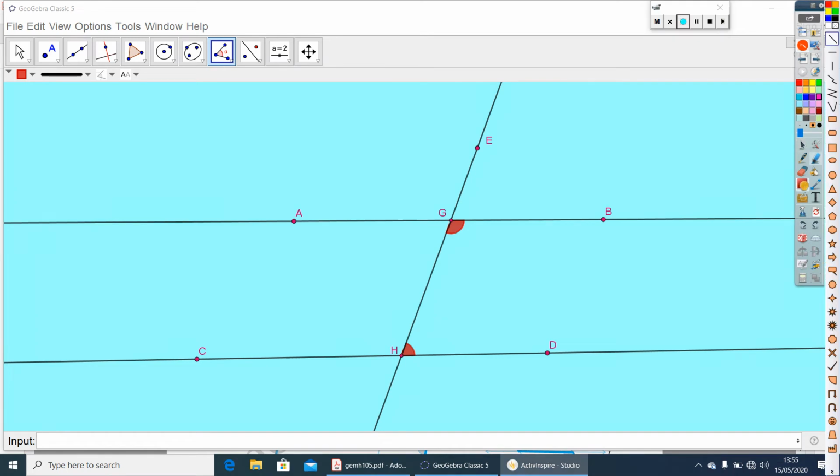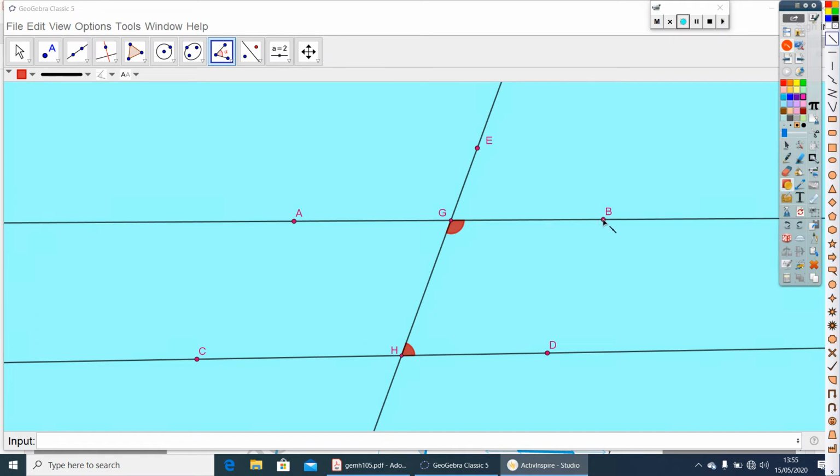Now if we join, it will be like C. So if it is in the type of F, it is corresponding angles. If it is in the type of Z, it is alternate interior angles. And if it is in the type of C, you can say interior angles on the same side of the transversal. This way you can easily remember the angles.